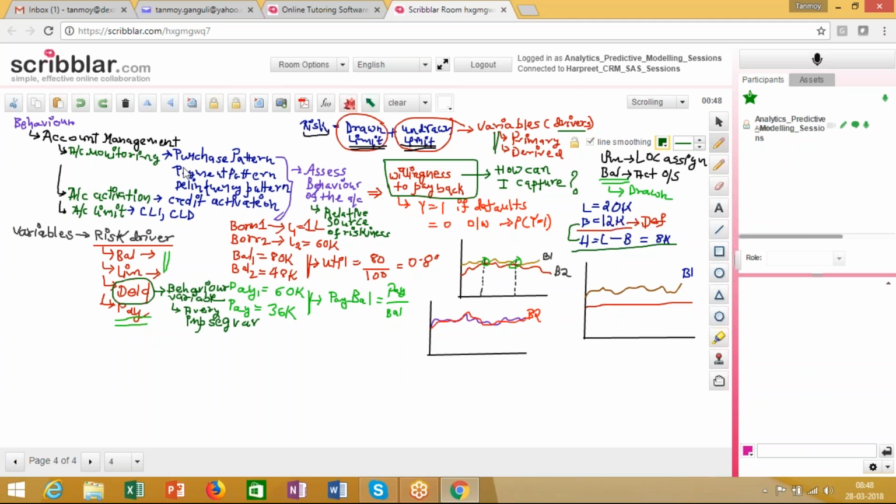So standing today, I see that out of 100 accounts, there are 92 accounts which are non-delinquent and 8 accounts which are delinquent. I will say that these 8 accounts are relatively more risky than the remaining 92 accounts, because these 8 accounts standing today are already delinquent.